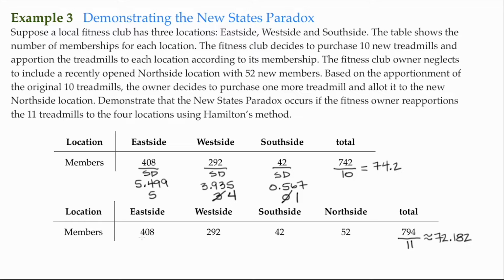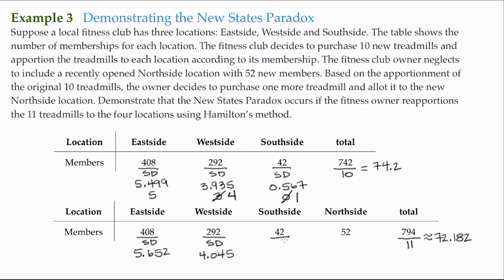So we go ahead again and come up with the standard quotas. 408 divided by the standard divisor of 72.182 is 5.652. Do the same for the west side. The standard divisor is 72.182, and the standard quota is 4.045.